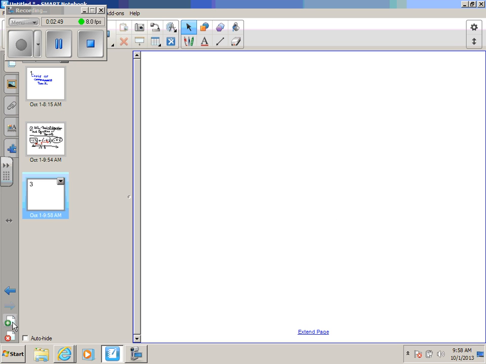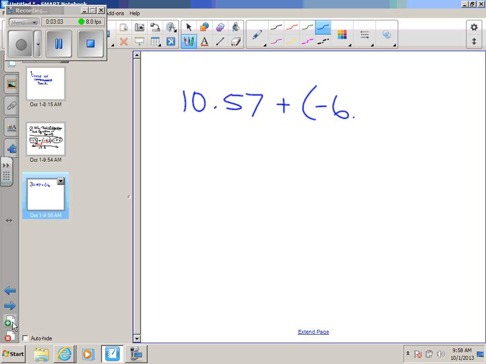It helps to look at it and maybe even estimate first to find out where you're going, and then do your best from there. 10 and 57 hundredths plus a negative 6 and 89 hundredths. So let's figure out first what we're doing. Adding the negative is really what? So really all we're doing is this.